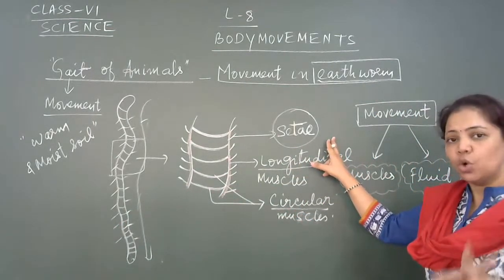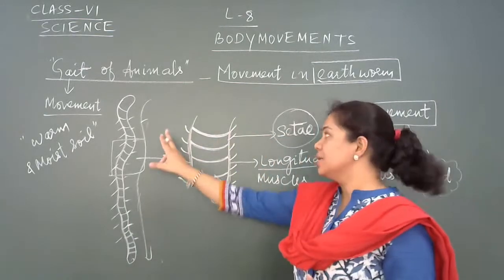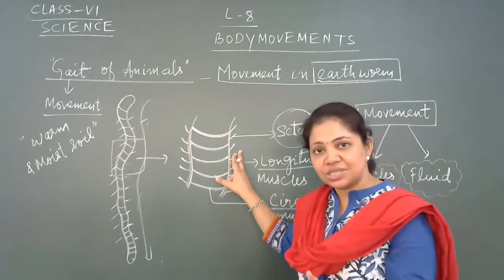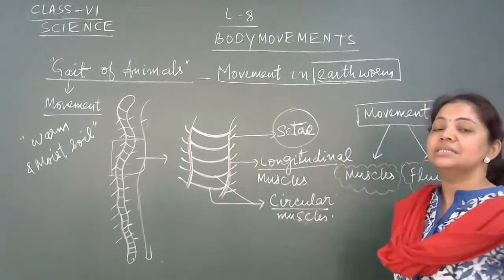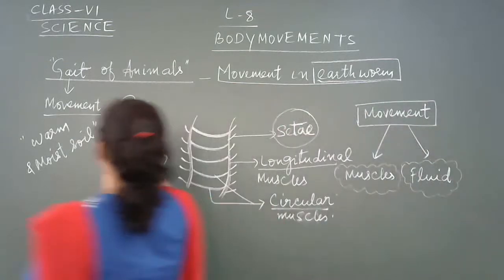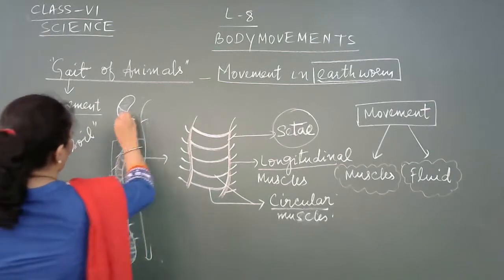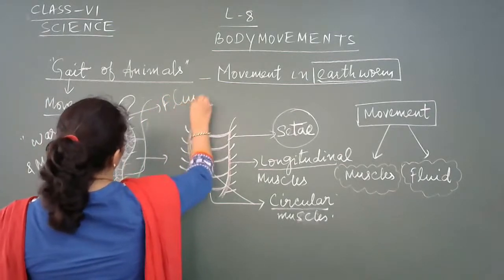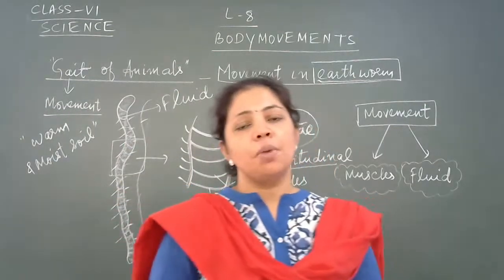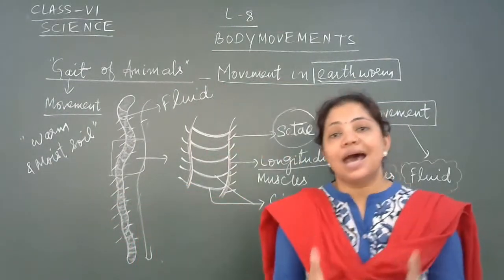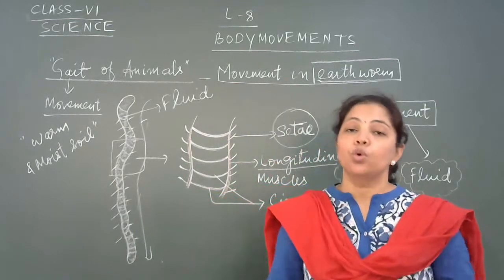Okay. So I told you that in the body of earthworm, two types of muscles are found. On the sides of the body, hair-like structures are present, which are known as setae, right? Third thing is that in the body of the earthworm is present a fluid. Yes, in the body of the earthworm a fluid is present, and that fluid also helps earthworm to move.